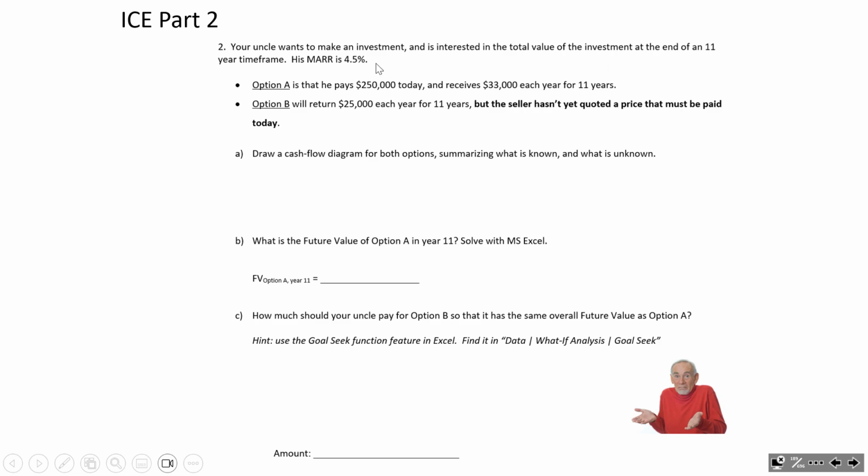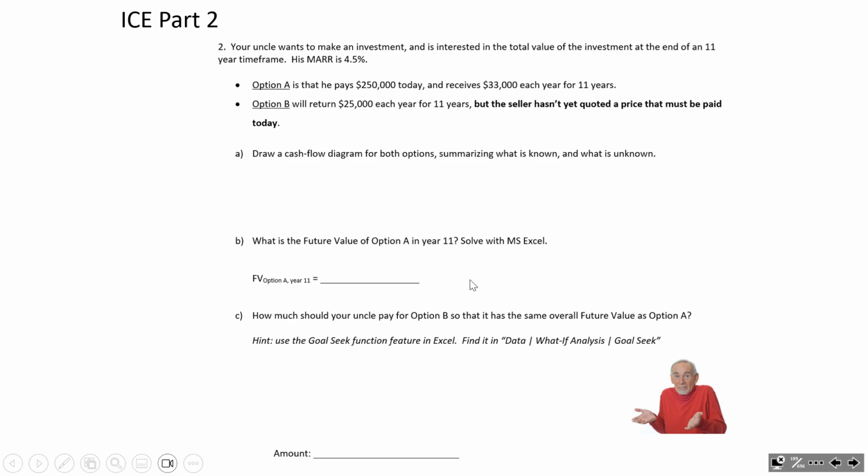So if you use a 4% compounding rate, then what is the future value of option A? Now for option B, we know what the revenue each year would be, but right now the seller hasn't yet quoted a price that would be paid for that investment. So what we're going to do in this is, first of all, it's suggesting to draw a cash flow diagram, what's known right now and what's unknown for both of these.